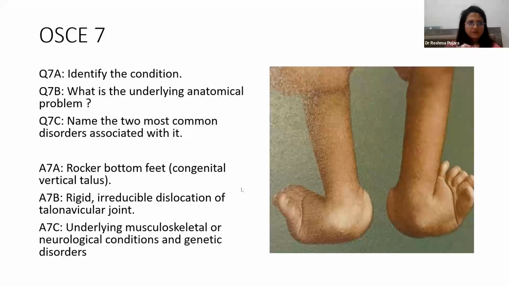Somebody mentioned that vertical talus. So here the problem is that there is a talonavicular joint. The joint between the talus and navicular bone is dislocated, and it is sort of a bony problem. So it is a rigid, irreducible dislocation of the talonavicular joint.